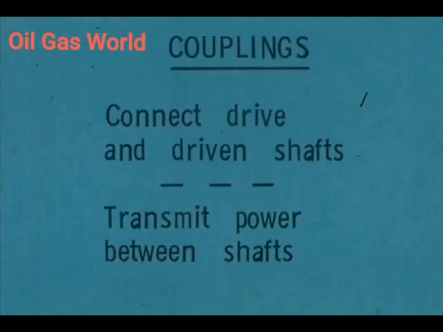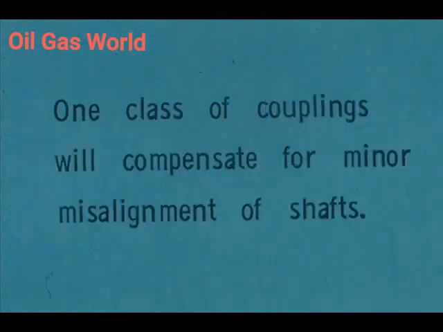As we mentioned earlier, couplings are used to accomplish two basic objectives: to connect a drive and driven shaft, and to transmit power between the shafts. However, couplings are also used for other purposes. One class of couplings is designed to compensate for minor misalignment between the rotating coupled shafts.